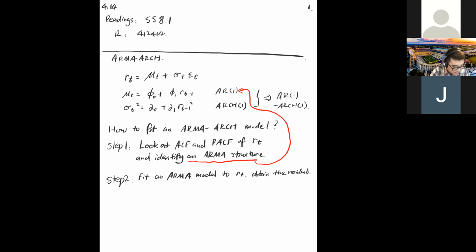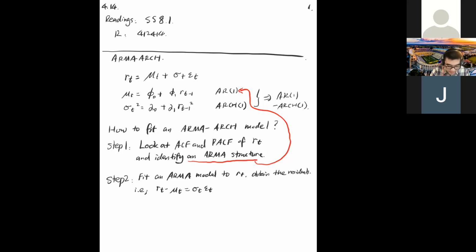So we obtain the residuals from the regression or the ARMA model.